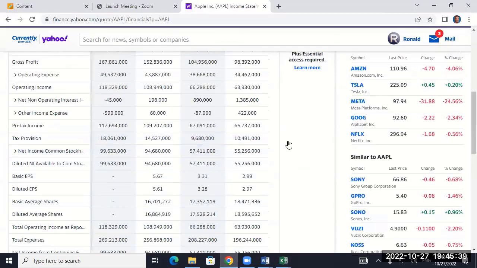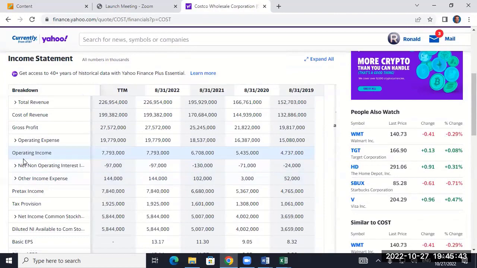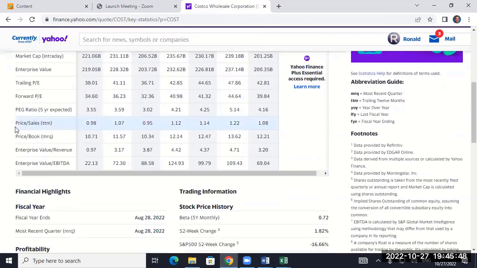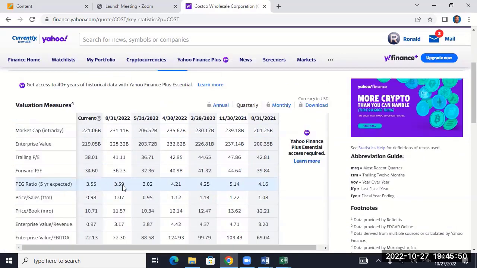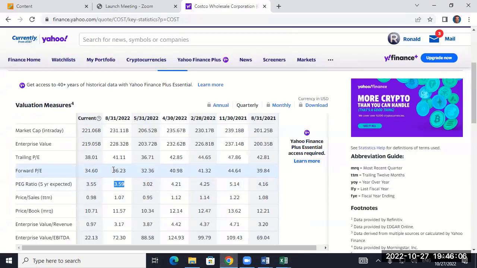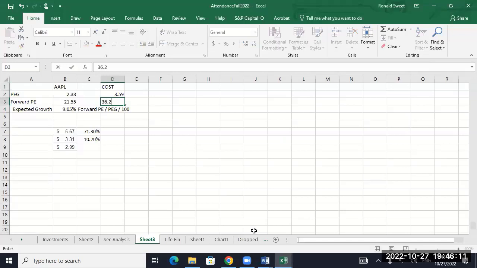What about Costco? Costco's PEG ratio is 3.59. The PE ratio is still really high, isn't it? 36.23. I don't understand that at all.